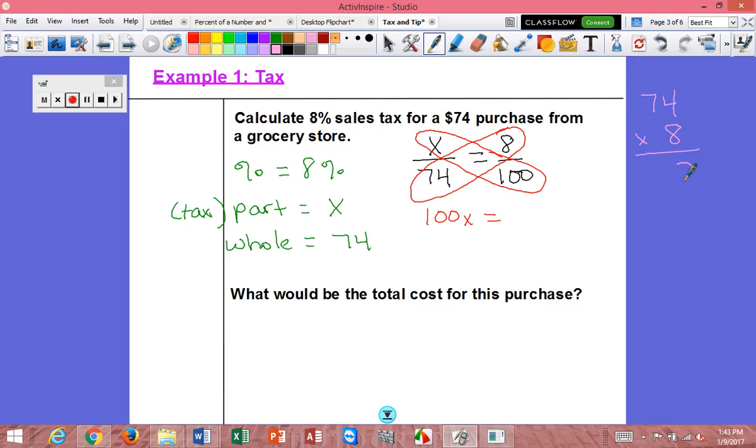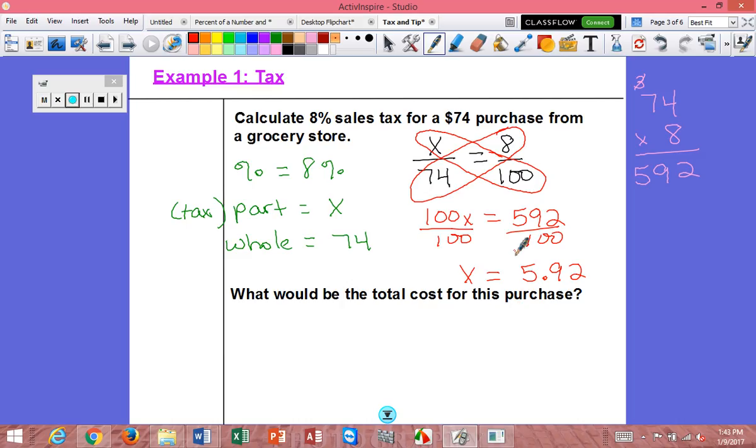4 times 8 is 32, 7 times 8 is 56, plus 3 is 59, so we would have 592. When we divide that by 100, x would equal 5.92.